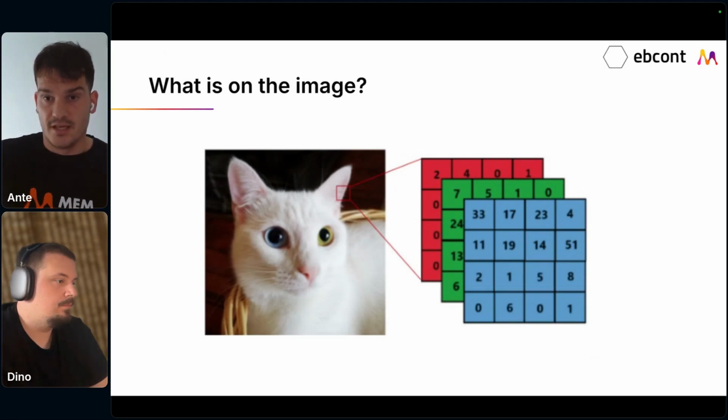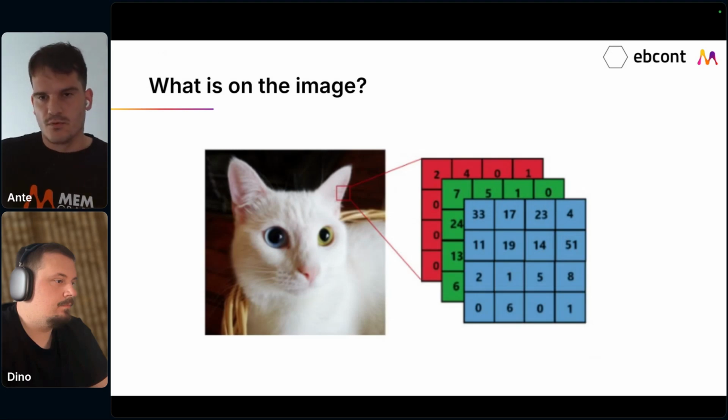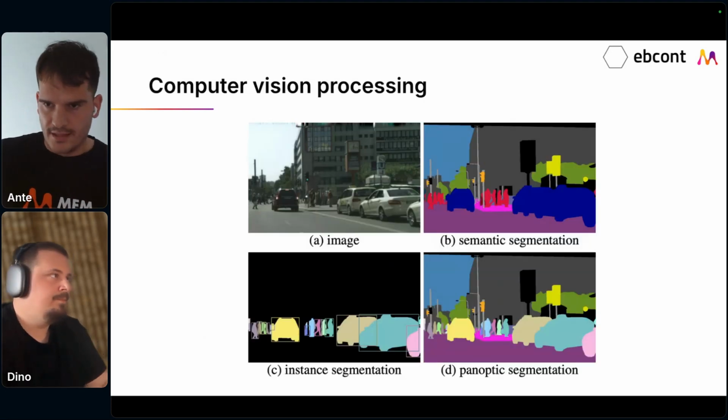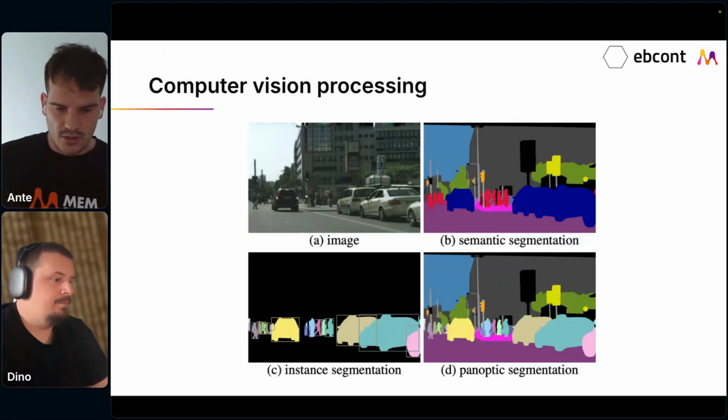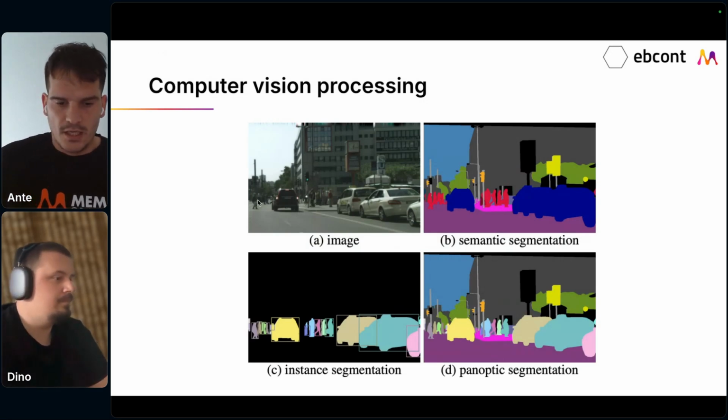What is important is that machines do not understand the image as we humans do instantly, so we need to build some computer vision pipelines to actually understand that. An example would be if you have a traffic image or a car image. Here, for example, you have multiple cars and multiple people walking on the crossroad.